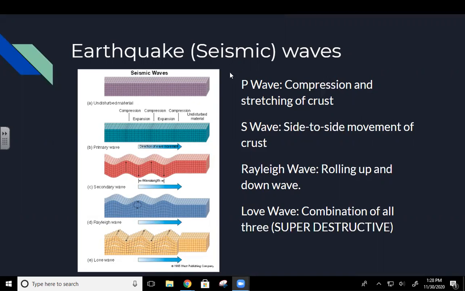A P wave is a compression and stretching wave. So it is a compression wave. What I want you to think of a P wave as is kind of like a sound wave as it goes through. It's almost like a shock. And back in March when we had our earthquake here, you could actually feel the P wave. The earthquake consisted of P waves and S waves.